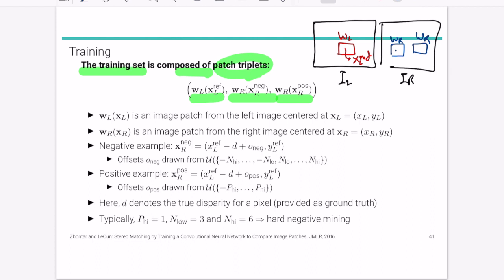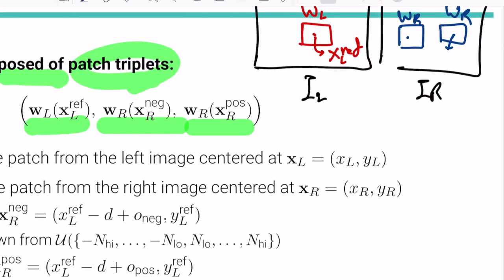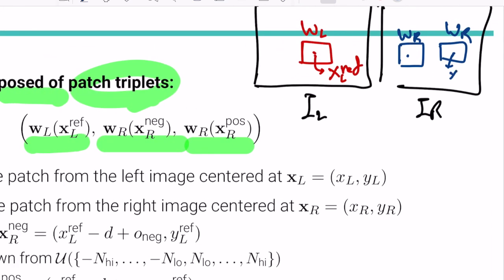When we already know the positive or negative locations, I mean the ground truth disparity map, then for the positive case the spatial location is going to be XR pos, and for the negative case it's going to be XR neg.